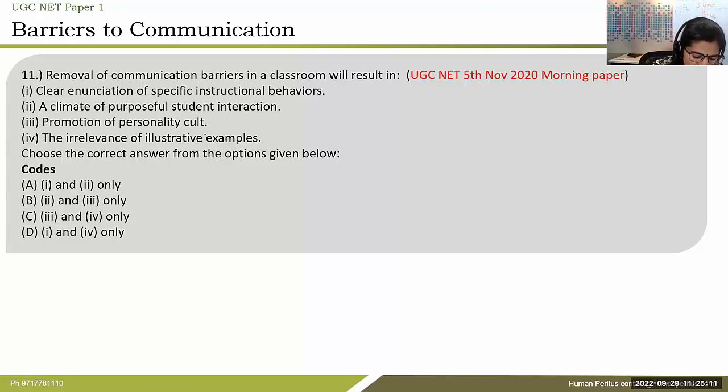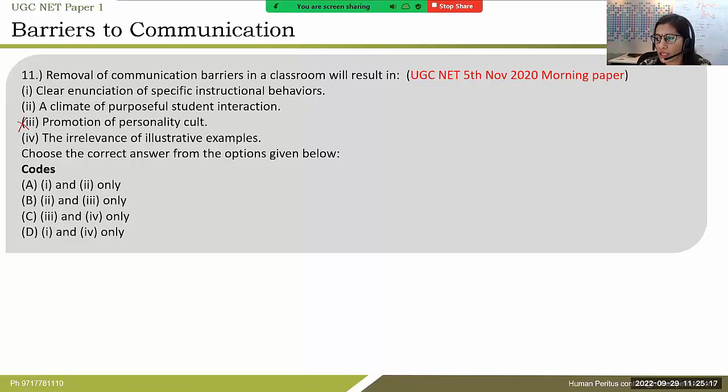No. What is personality cult? When the message is related to only the personality. If the personality is good, then we will only receive the message in a positive way, otherwise we won't. So if we are trying to remove the barriers, that is not going to happen. The irrelevance of illustrative examples, obviously this is also incorrect.